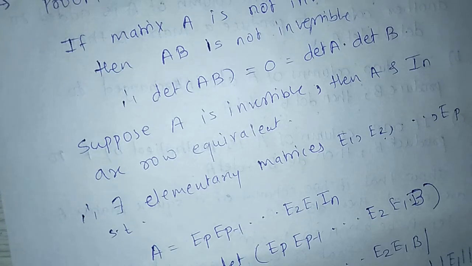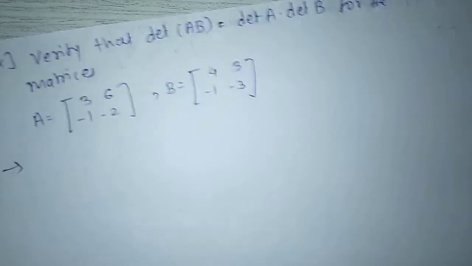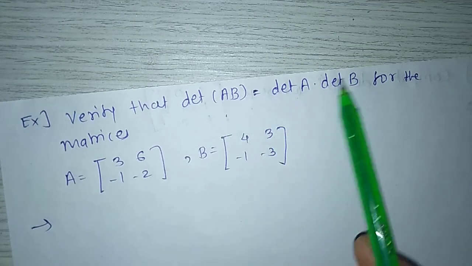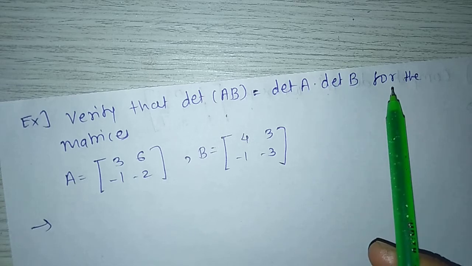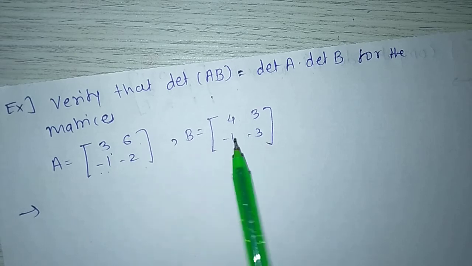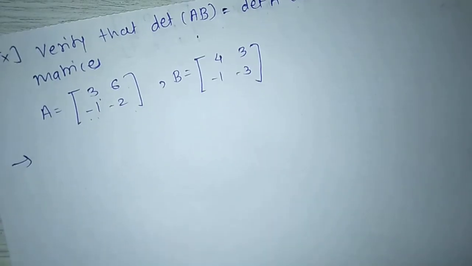Next example. Verify that determinant of A into B equal to determinant of A into determinant of B for the matrices A equal to 3, 6, minus 1, minus 2, B equal to 4, 3, minus 1, minus 3.